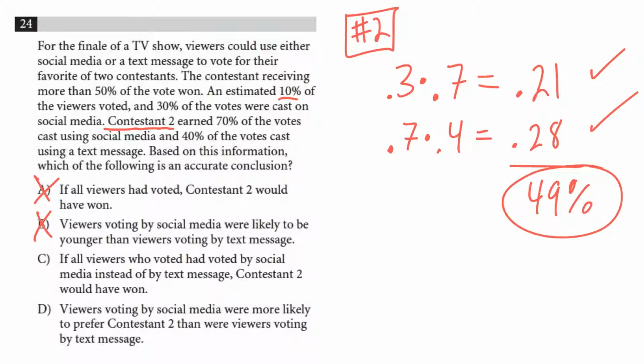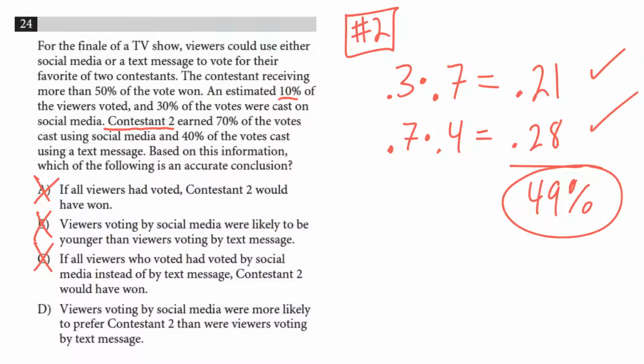C, if all viewers who had voted had voted by social media instead of by text message, contestant 2 would have won. No, just because he or she won more of the social media vote doesn't necessarily mean that if more people had voted on social media, that percentage would have kept.